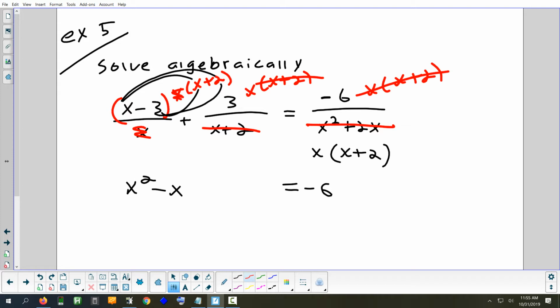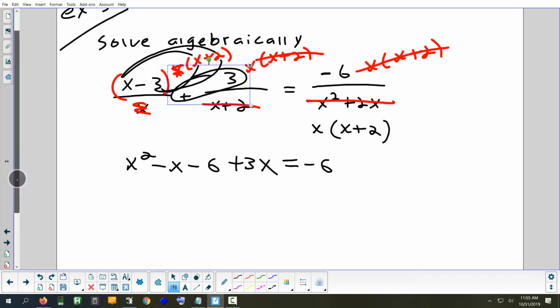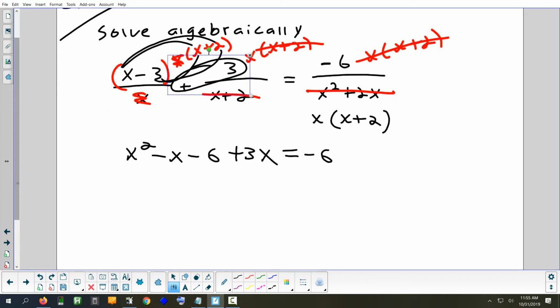Negative 3 times positive 2? Negative 6. Don't forget to use that sign. Plus 3x. We're going to add 6, and that's going to cancel it out. Whenever the constant disappears in a quadratic, it makes it a lot easier. So we get x squared plus 2x equals 0.